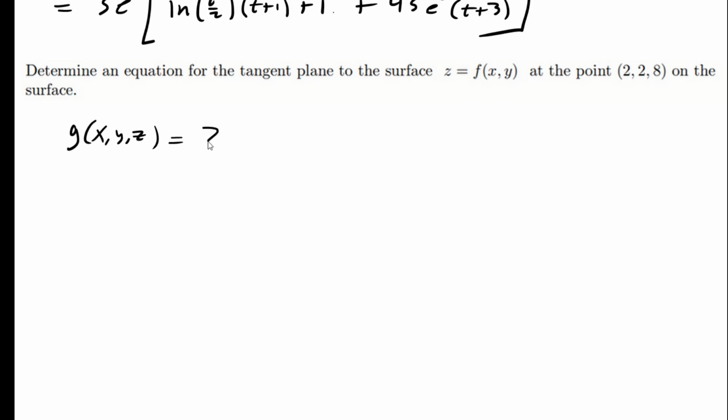So this is going to be z minus f of x, y. Okay, and then my tangent plane is going to be gradient of g dot x minus x0, y minus y0, z minus z0.